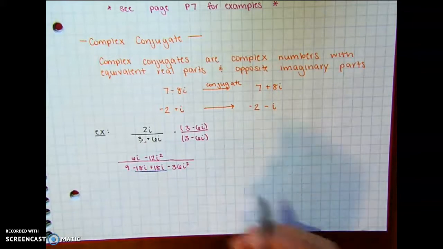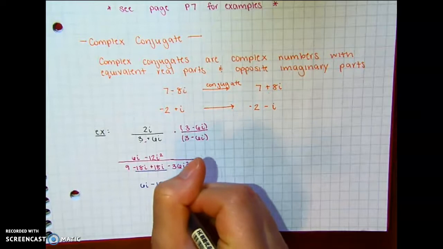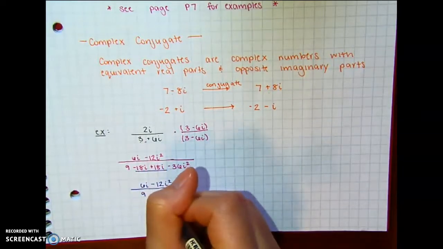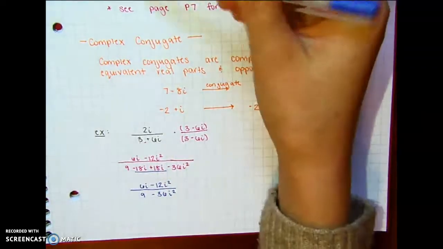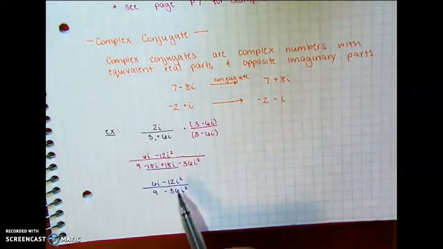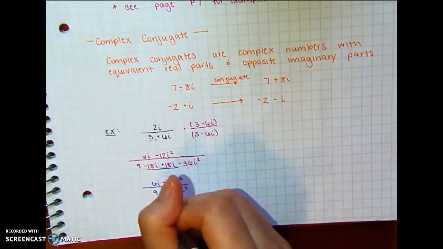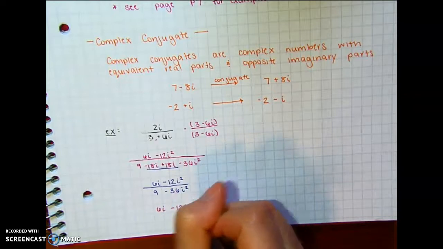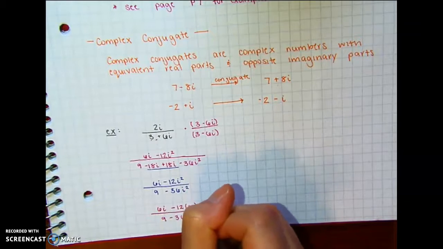So what you would really just need to show is the numerator. So you could go straight to this step if you wanted to. And then remember, you have to remember these things up here. I squared is the same as negative 1. So this is just negative 1. I guess I could show that in an extra line for you guys. So this is actually 6i minus 12 times negative 1, and this is 9 minus 36 times -1.